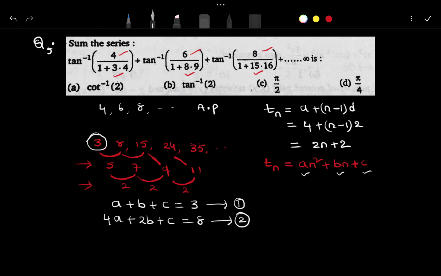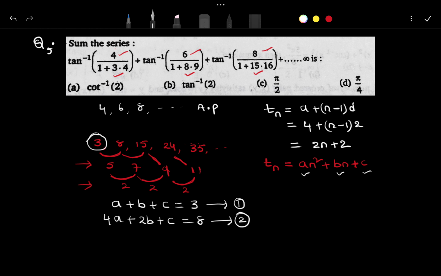Why do you take n values 1, 2, 3? Because how many unknowns are there in Tn? 3 unknowns: one is a, next is b, next is c. How many n values we substitute depends on the number of unknown terms in the nth term.